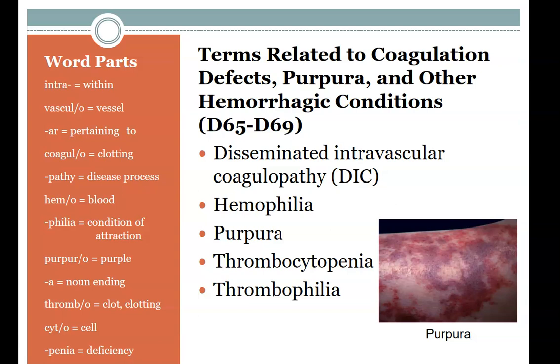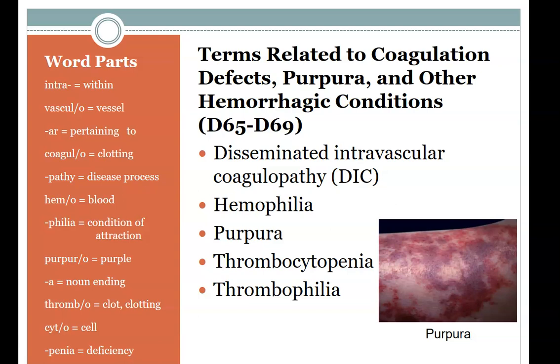Okay, you've got disseminated intravascular coagulopathy, DIC, and it's a disorder of clotting mechanisms that results in bleeding at scattered sites in the body. Hemophilia is a group of inherited bleeding disorders characterized by deficiency of one of the factors necessary for the coagulation of blood. The suffix philia means a tendency toward or an attraction, and in this case, it is a tendency to bleed.